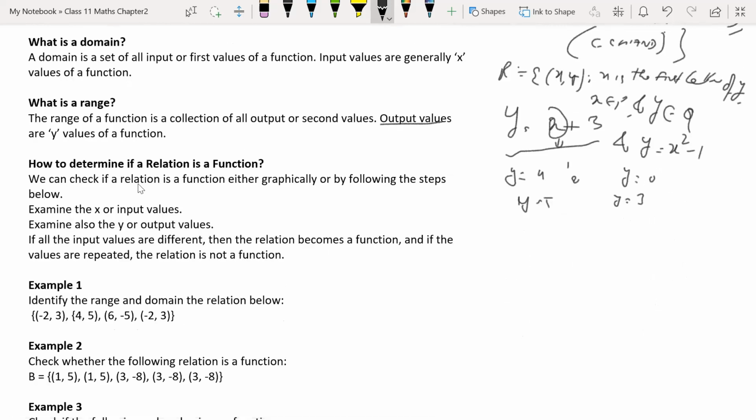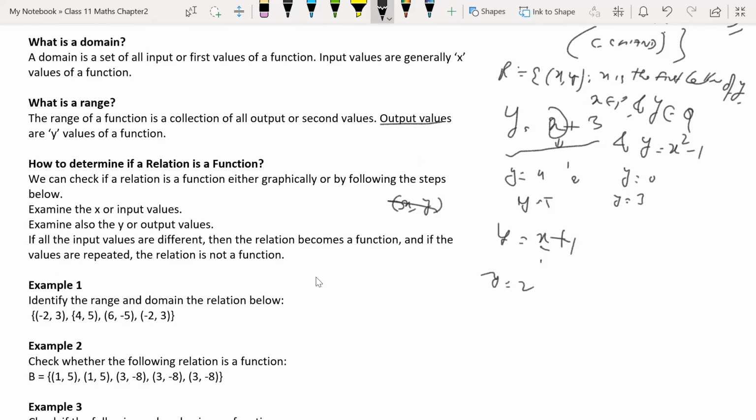We can check if a relation is a function either graphically or by the following statement. First of all, examine whether for an x as input, there is a y as the output. If there is a y as the output, it means this is a function. If you put x as 1, then y becomes 2.